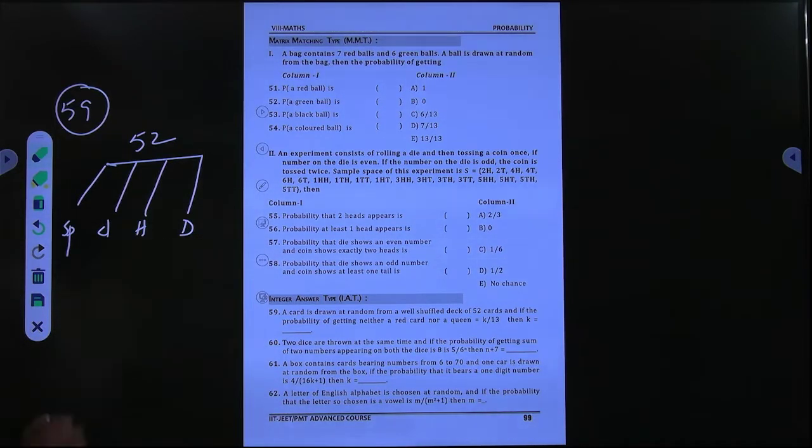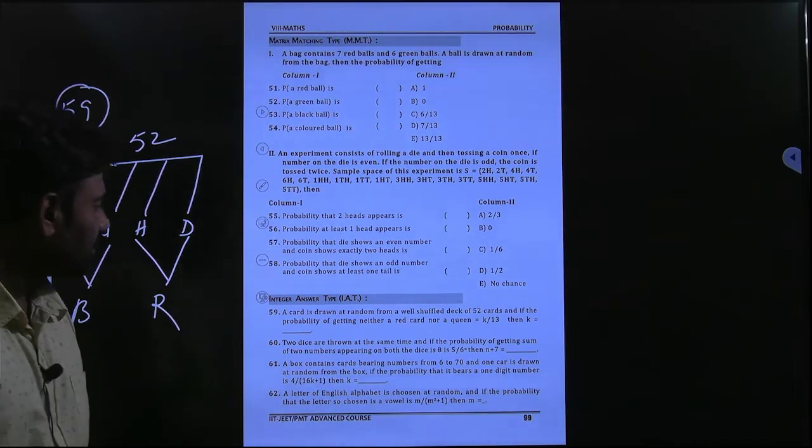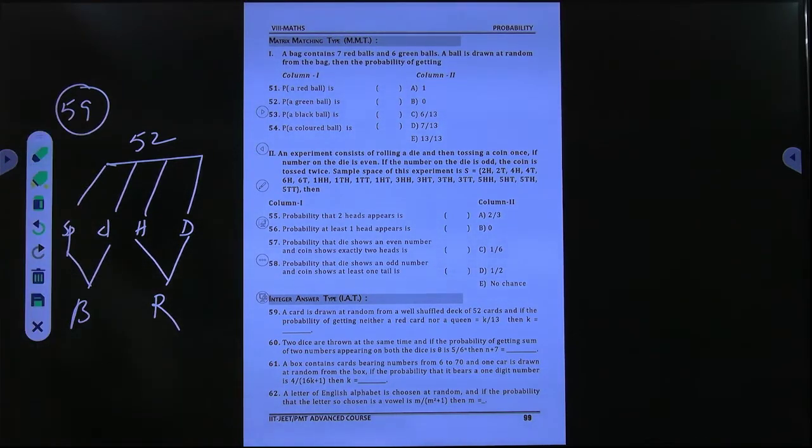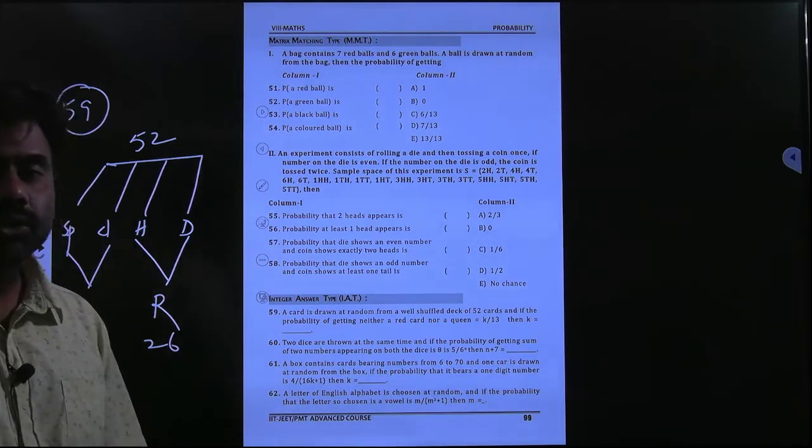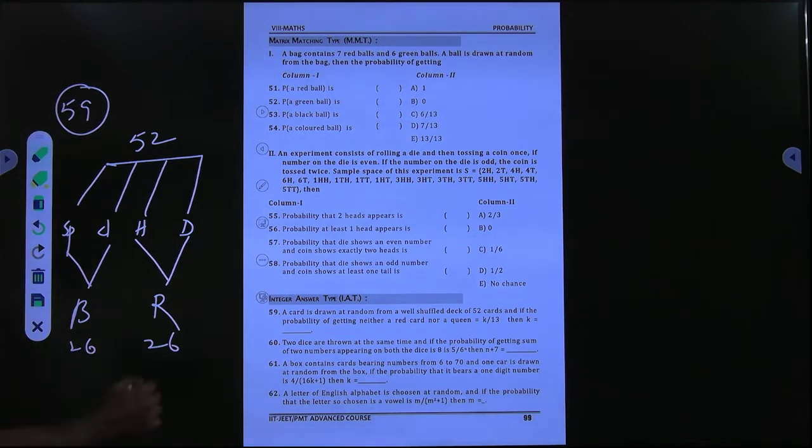Spade and club symbol cards are both black in color. Heart and diamond symbol cards are red in color. The number of red cards is 26 and the number of black cards is 26. Red cards should not be taken and queens also should not be taken, so the 26 red cards are not favorable.